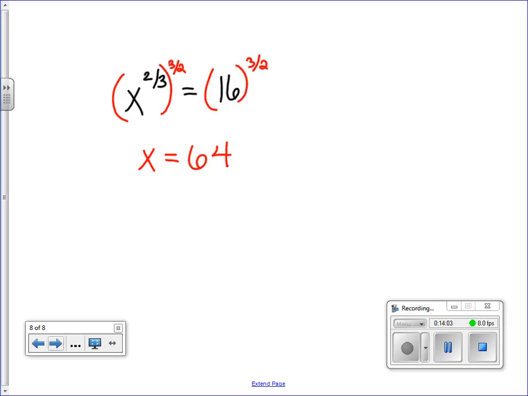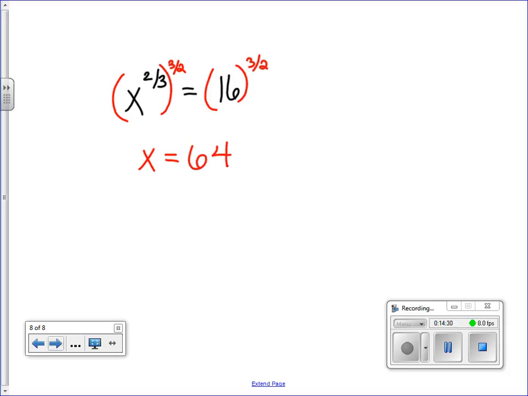Does everyone see how 16 became 64? Even if you break it up, the half says take the square root. What's the square root of 16? 4. And the 3 says to cube it. So 4 times 4 times 4. That's how we got 64, right?